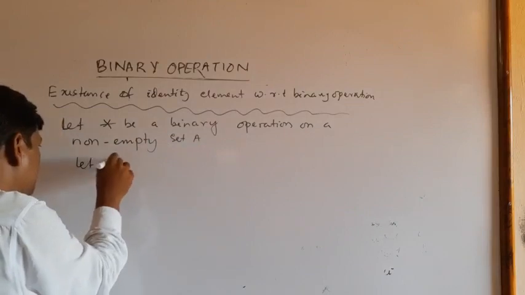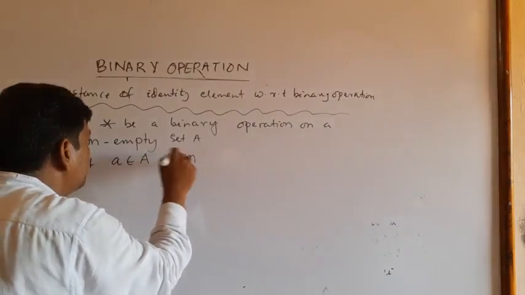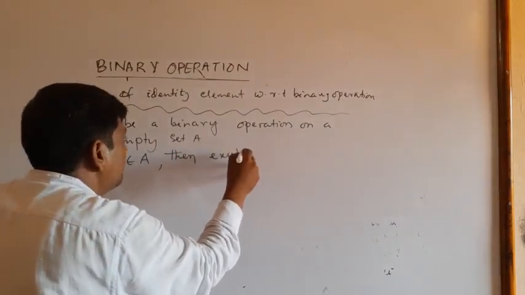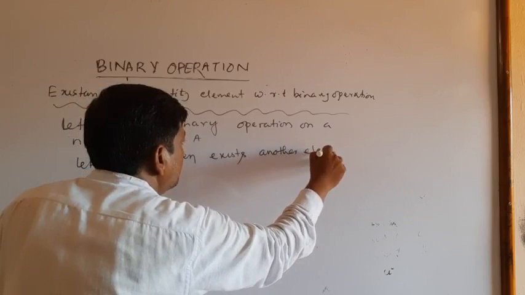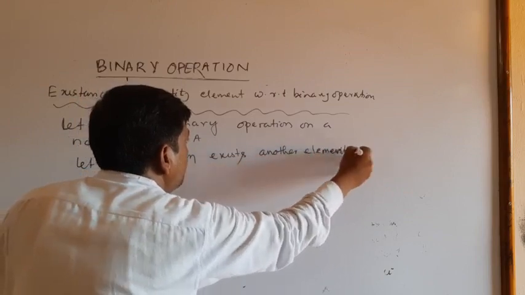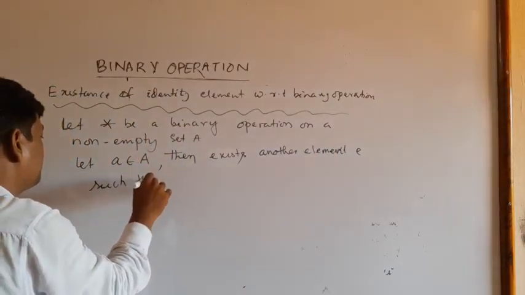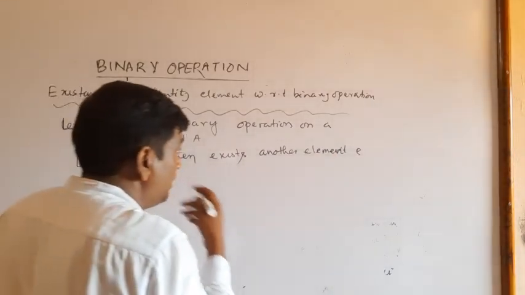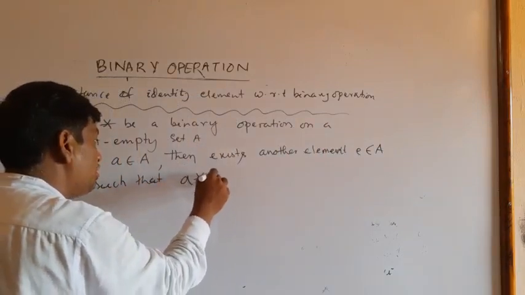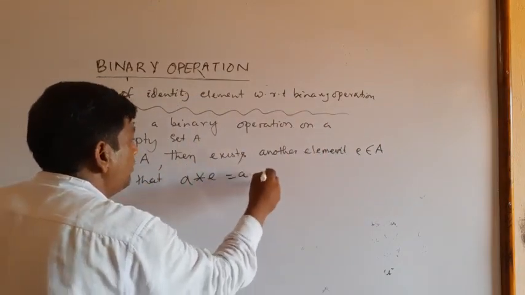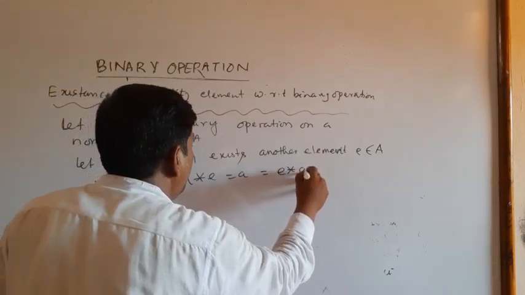Let a belong to capital A. Then there exists another element e, belonging to the same set A, such that a star e is equal to a, or e star a is equal to a.